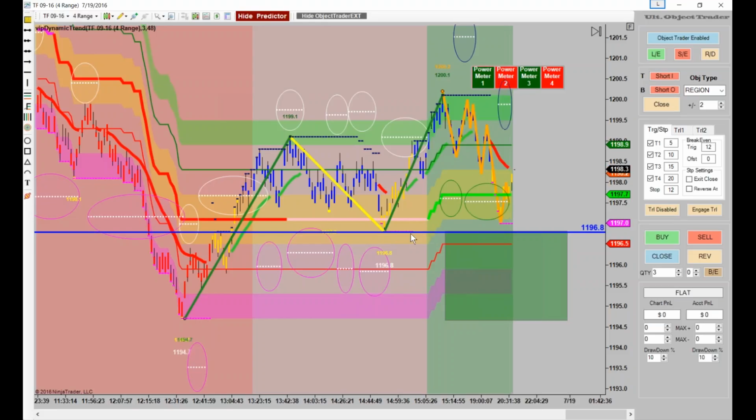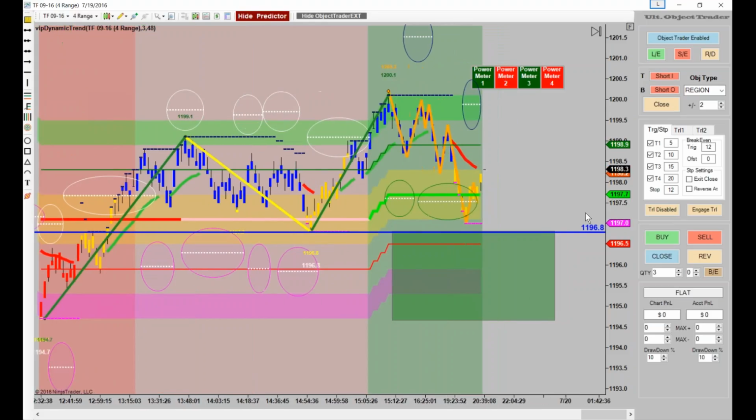Now, if we break this, we could easily head back down too. We're looking for a resumption of buying. By the way, it's right at resistance right now, right across here. Everybody sees that, right? And when you hit resistance, it can go straight through it.